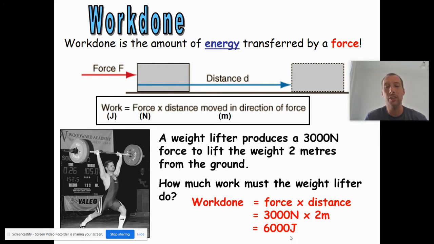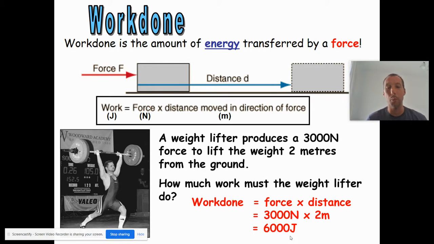Sometimes energy is not transferred by a force. When the solar cells on a calculator turn light energy into electrical energy, you can't use work done there because there's no obvious force that you're able to use in your calculation. But in lots of examples where you pick things up, particularly, work done can be calculated as the force times the distance.